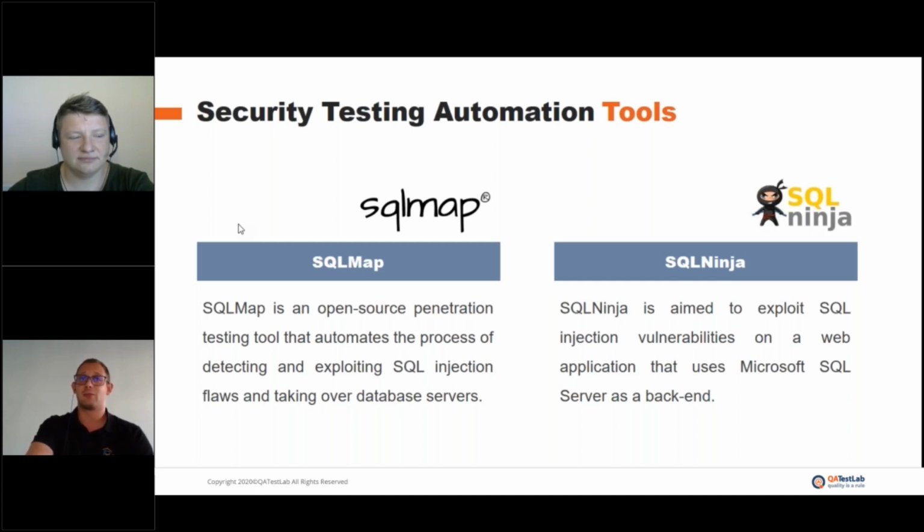SQL Map supports the most used database servers and supports all six types of injections: Boolean-based blind, time-based blind, error-based, union query-based, stacked queries, and out-of-band injections.